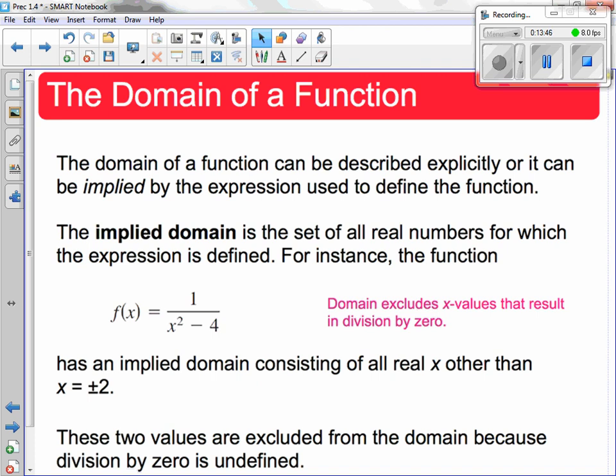So in there you can hit y equals, or you can turn it on and then hit y equals. So alpha, y equals, enter will give you a fraction. And then we do 1 over x squared minus 4.